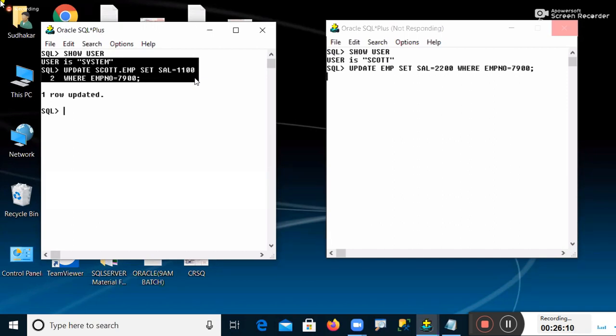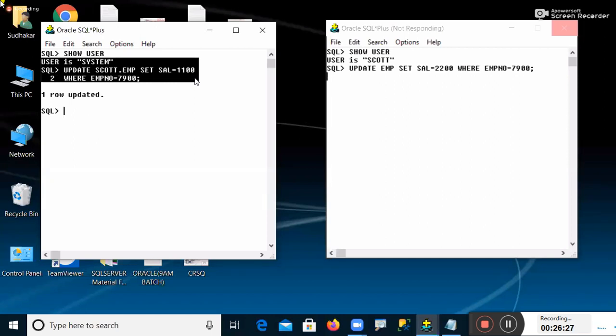But the first user's operation, on the same table and same row, is not confirmed by the system user, whether it is a success or failure.